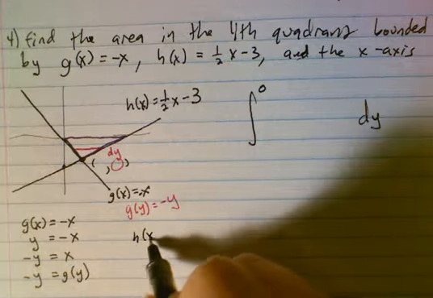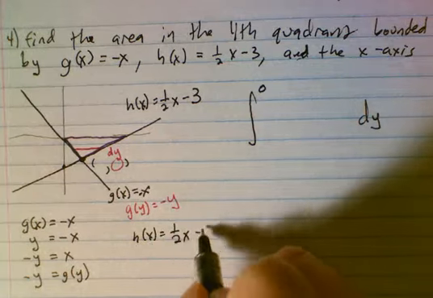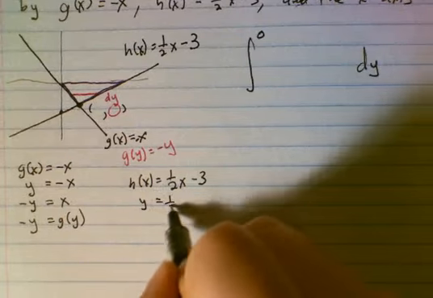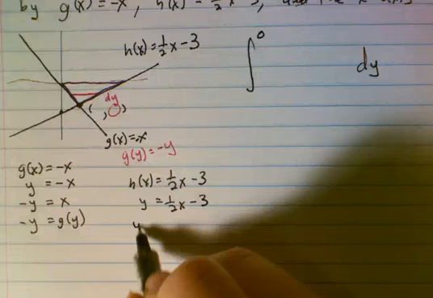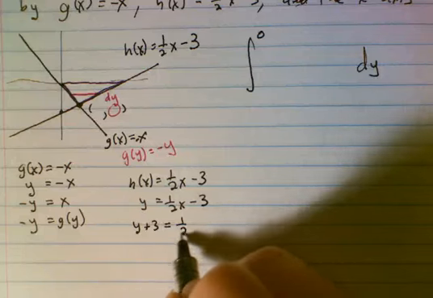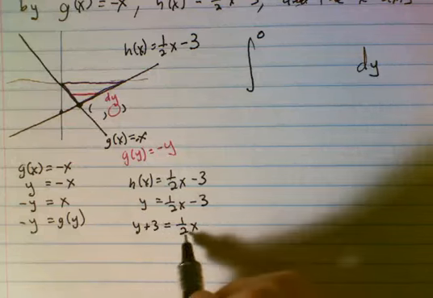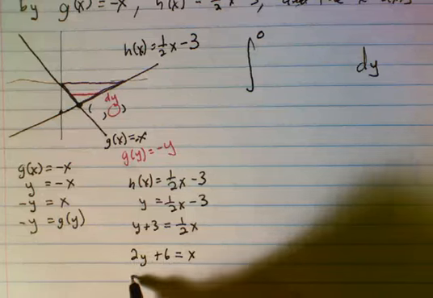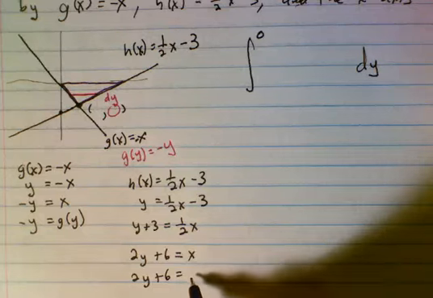This one, h of x equals 1/2 x minus 3. Y equals 1/2 x minus 3. Y plus 3 equals 1/2 x. Multiply both sides by 2. 2y plus 6 equals x. 2y plus 6 equals h of y.